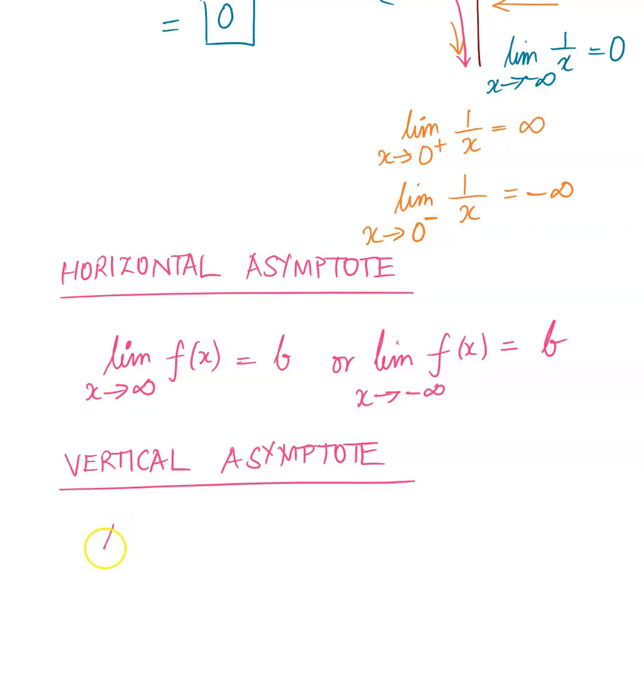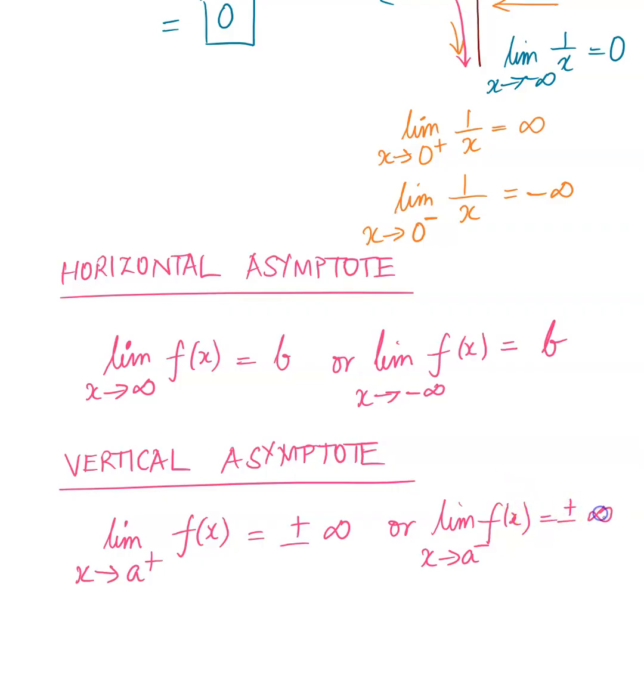So then we can say the limit of f of x as x approaches a from the right, say, could be plus or minus infinity. Or the limit of f of x as x approaches a from the left, like we saw, 0 from the right, 0 from the left, that could approach plus or minus infinity. And that was your vertical asymptote.